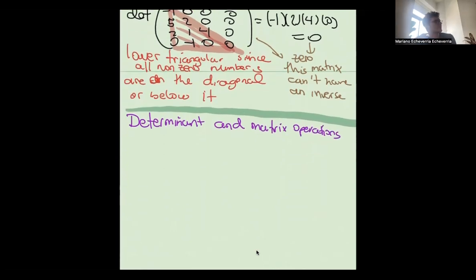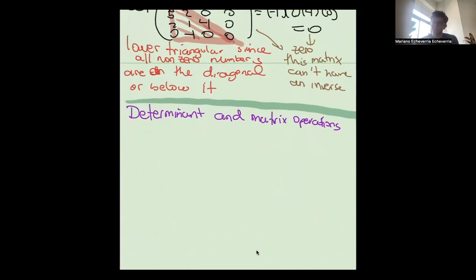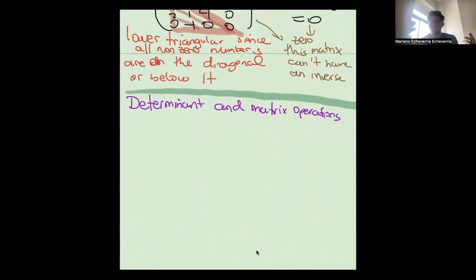The first one is a property we had discussed before in the 2 by 2 case. It is related to what happens if every number in a column or a row is multiplied by some factor. Then you can pull out that factor.